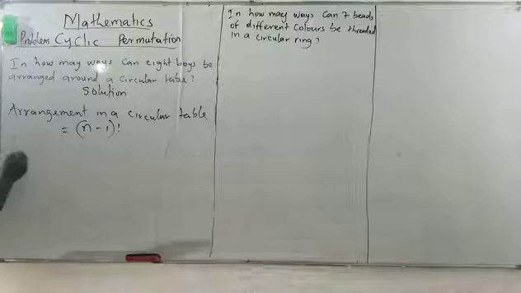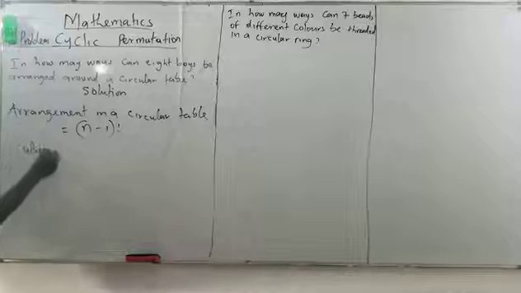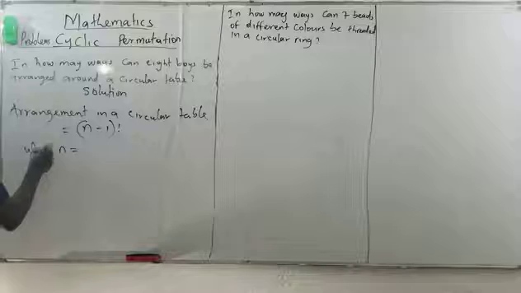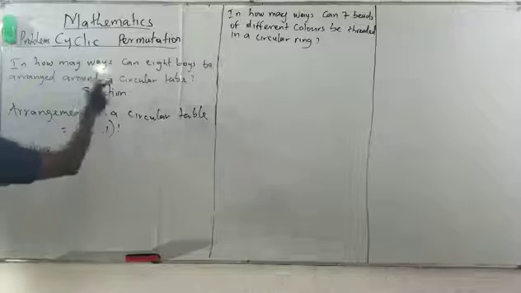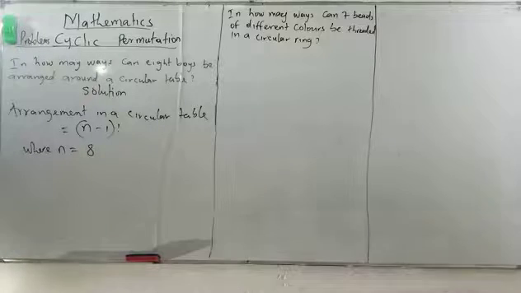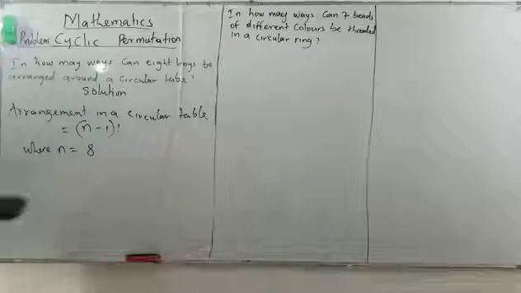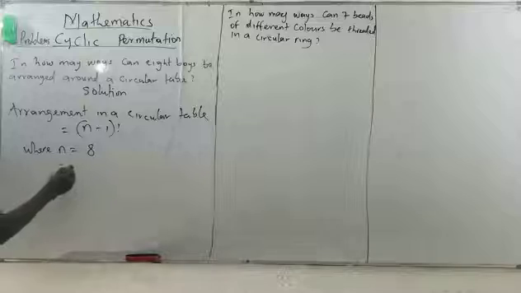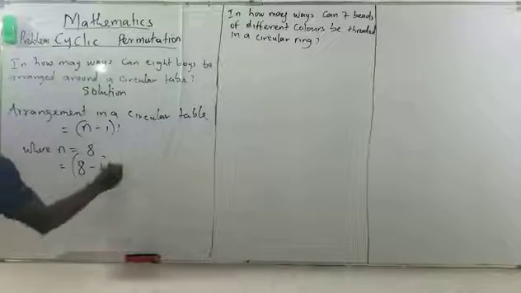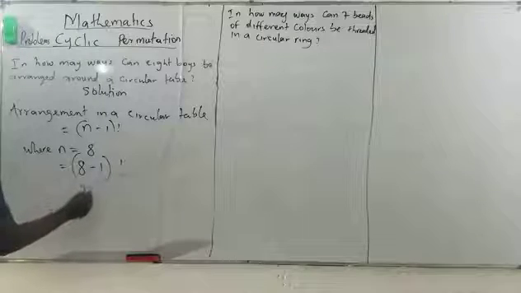Now, what is my n? N equals 8, because they are talking about 8 boys. So it will be 8 minus 1, factorial, which gives 7 factorial.